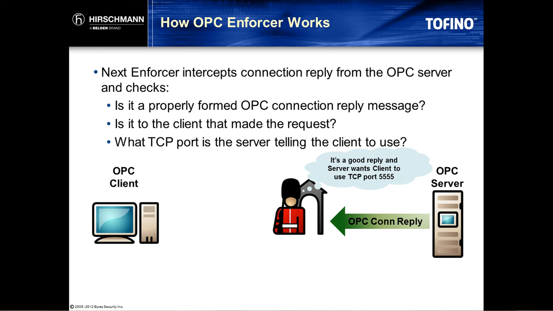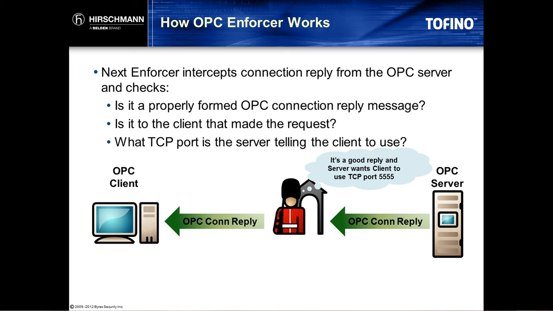And then when the server replies back to the client, it listens in on that, and it extracts from that message the port number that the server has assigned to the OPC data connection. It will then dynamically open that specific TCP port number in the Tofino firewall and keep all other unused ports closed between the OPC server and the rest of the network.